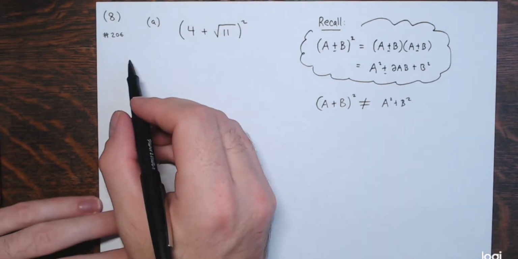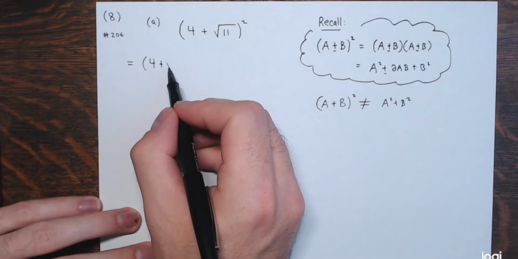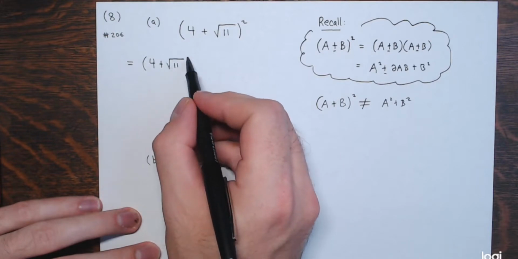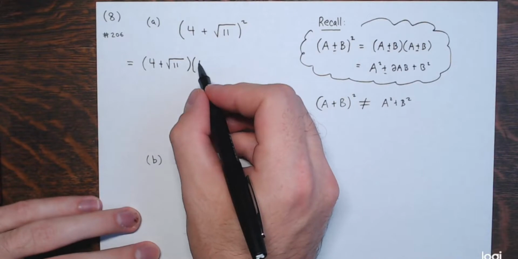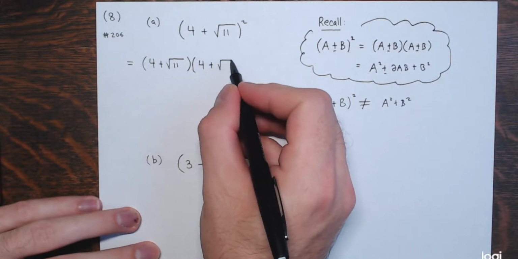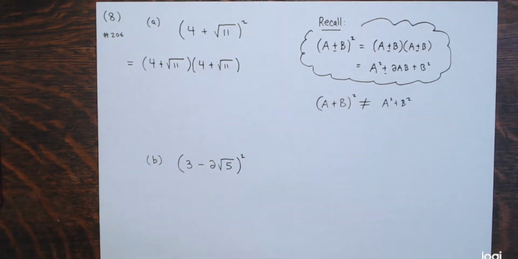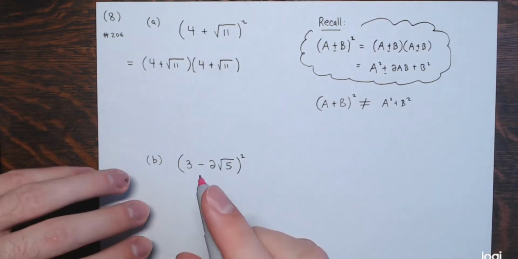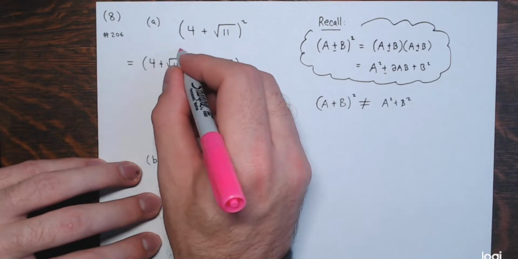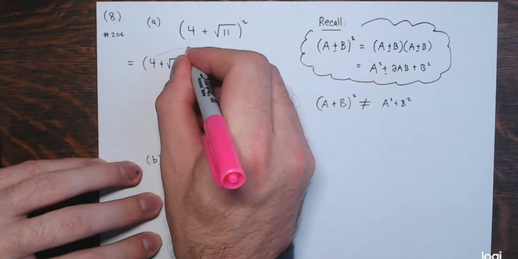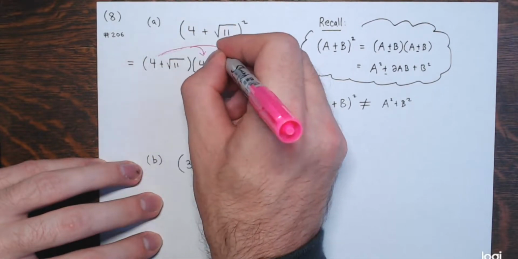So like I said, this is 4 plus the square root of 11 squared, which means 4 plus the square root of 11 times 4 plus the square root of 11 again. And then just like all the earlier problems, I'll start by distributing the 4 to the 4 and the square root of 11.